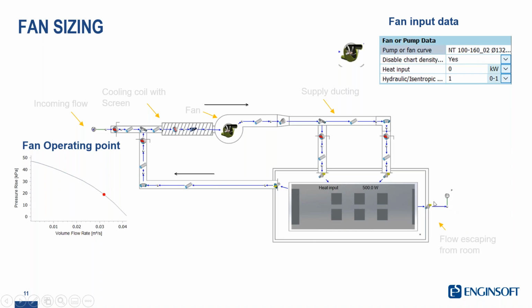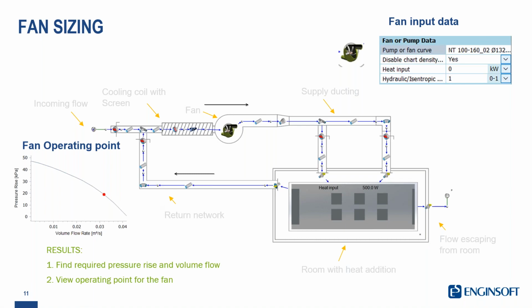There could be a flow escaping from the room, so you can take into account a fraction of the area, where a small amount of mass flow is flowing out from gaps on the doors, for example, and then you have the main HVAC return line. So the kind of result, as I said, is to find the correct fan that you need using the curve of the required pressure rise over the volumetric flow.